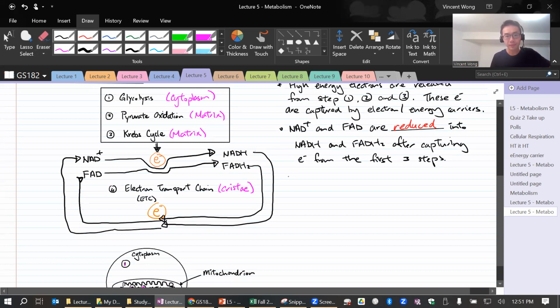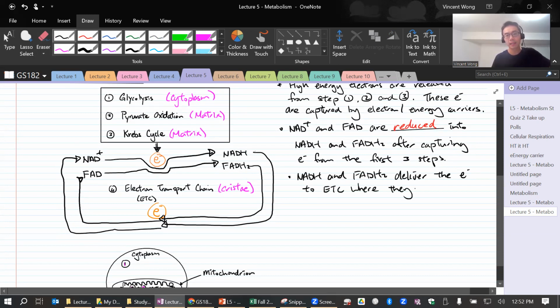Okay? So NADH and FADH2 deliver the electron to ETC, where they are oxidized into NAD plus and FAD once again.